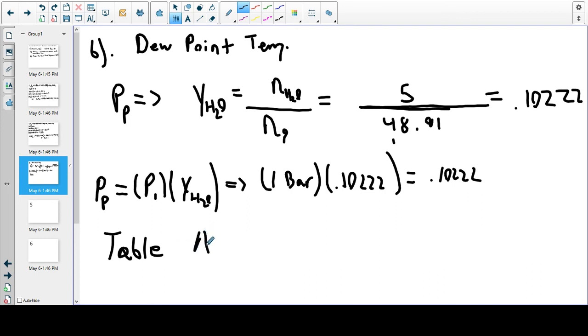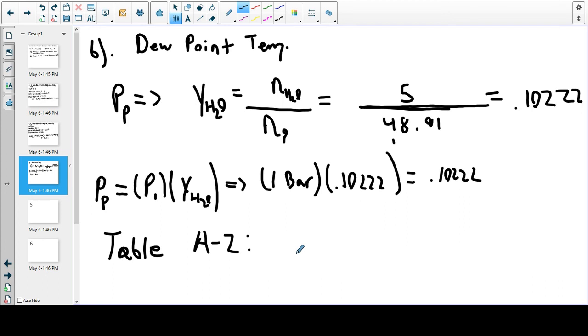What you're going to do in this table is go down the temperatures and find a saturation pressure that is very close to your number. You can interpolate between 2 temperatures, or it'll be 3 pressures, to find where your temperature is, and that temperature is your dew point temperature.